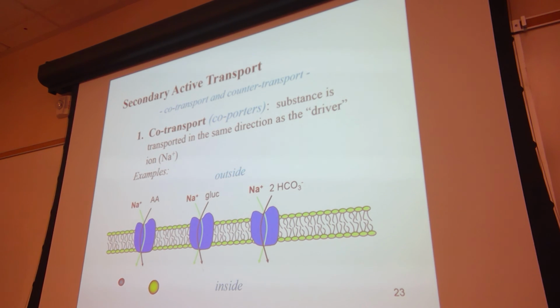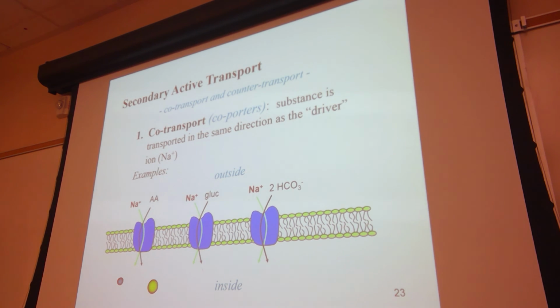Now, the example that you see up there is sodium. Remember, I just told you about the sodium-potassium ATPase, which pushes 3 sodium out for every 2 potassium that comes in. You all told me that sodium is most abundantly found outside the cell. Well, what put it there? The ATPase. That's me using the ski lift chair to get up the mountain.